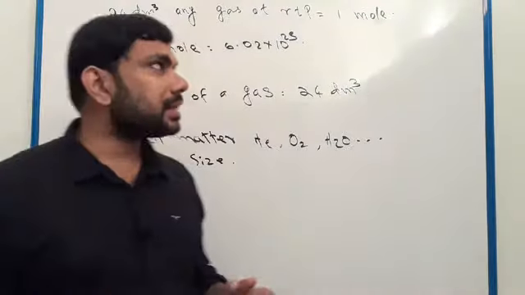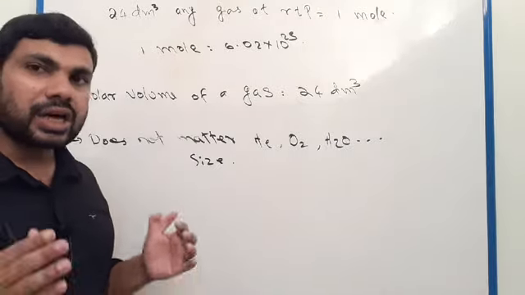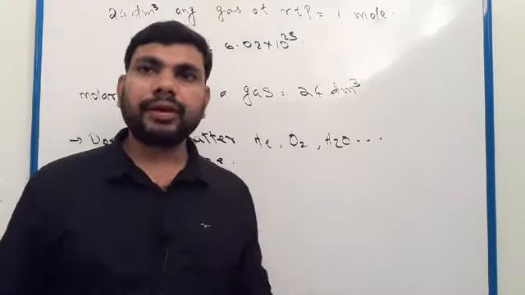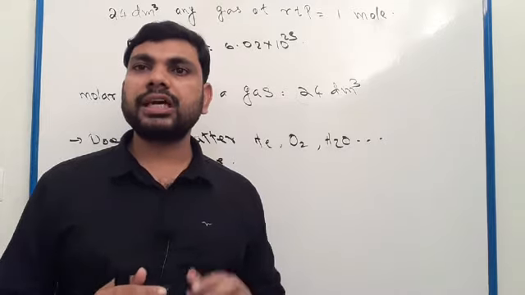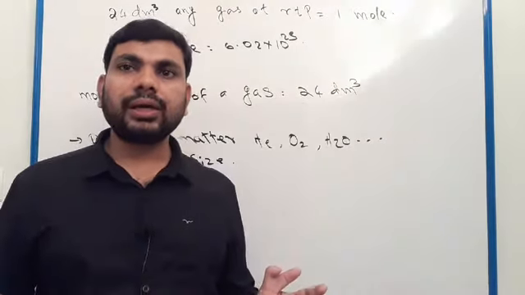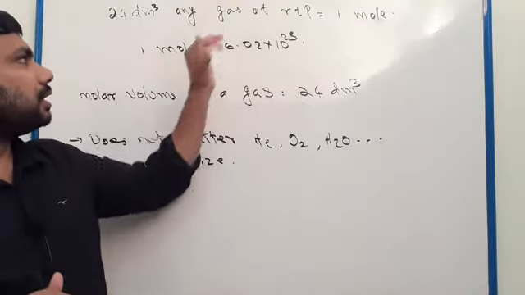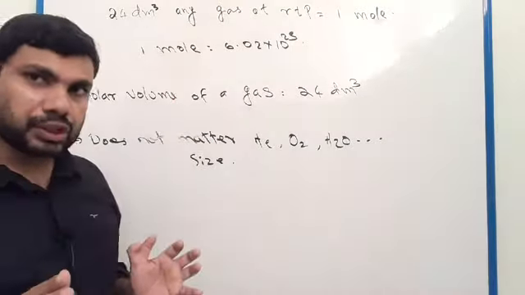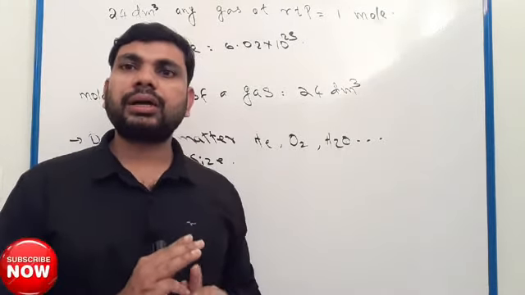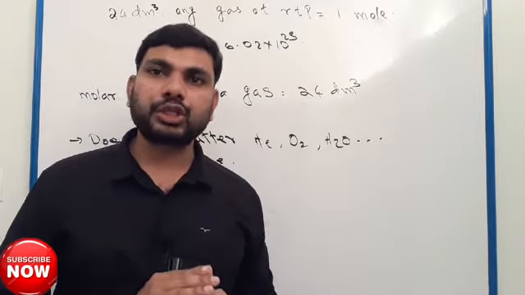So here we discuss 24 decimeter cube of any gas at RTP, it will be 1 mole. Any gas, for example hydrogen, oxygen, nitrogen, chlorine, any gas, but the condition is its volume is 24 decimeter cube, with temperature 20 degrees Celsius and 1 atmospheric pressure.